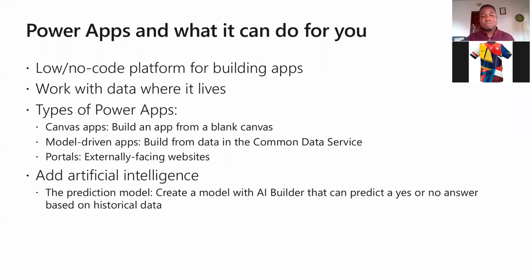Then of course there's the AI Builder, which is artificial intelligence that you can now add to your Power Apps or your applications. Say for example, you have an inventory that you've been manually inputting every time. Just by using AI Builder, you can build an app to scan your inventory, and as it's scanning, it's counting the inventory at the same time.